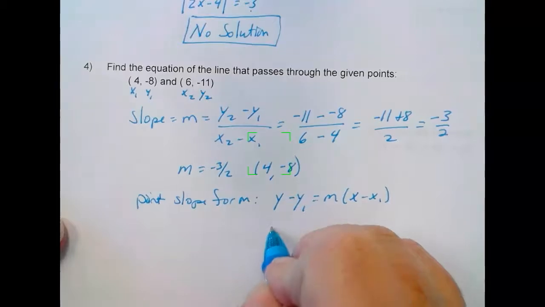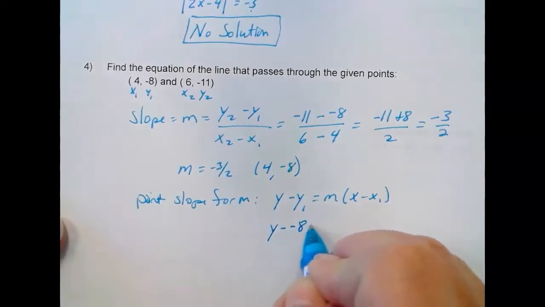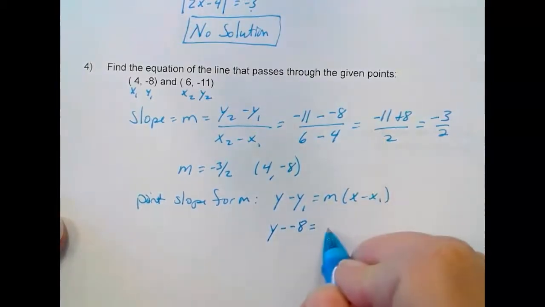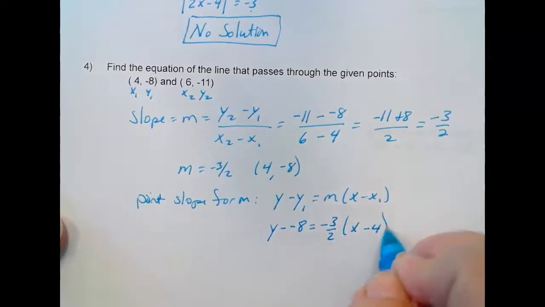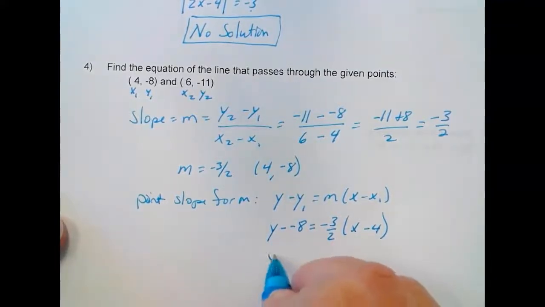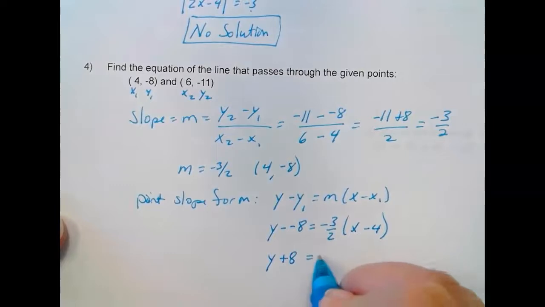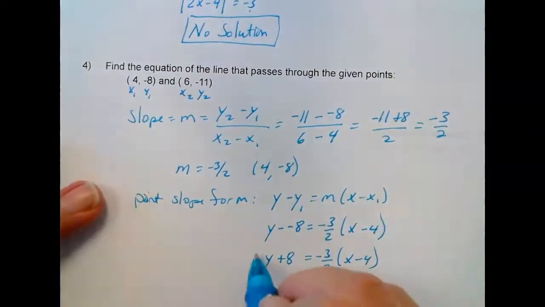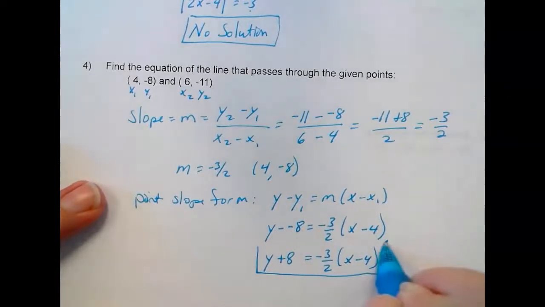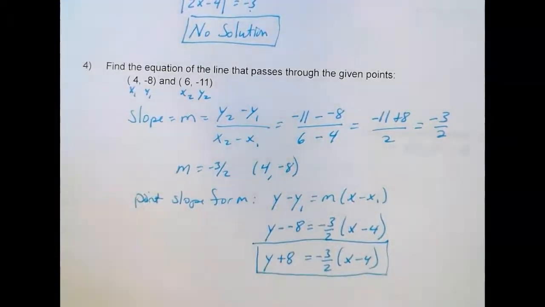You would have y minus a minus 8 equals, my slope is negative 3/2, x minus 4. I'm just going to clear that up and make that a plus. So y plus 8 equals negative 3/2, x minus 4. It doesn't say how to leave that equation, so I'm going to go ahead and leave it in point slope form. And there you go.